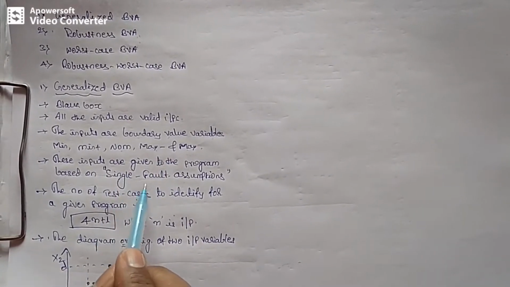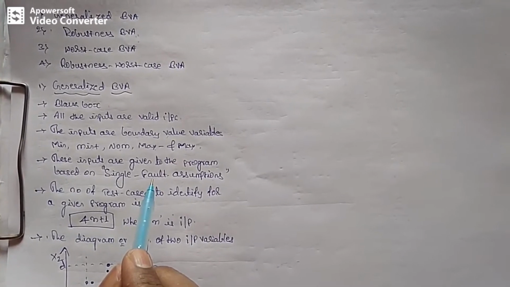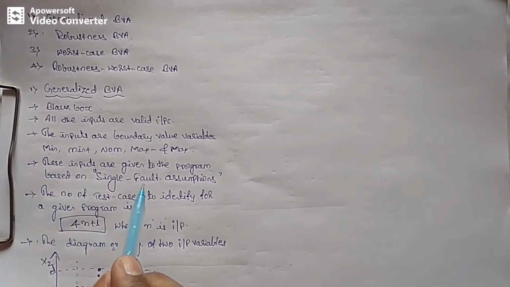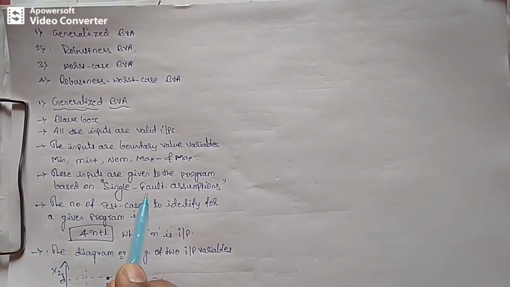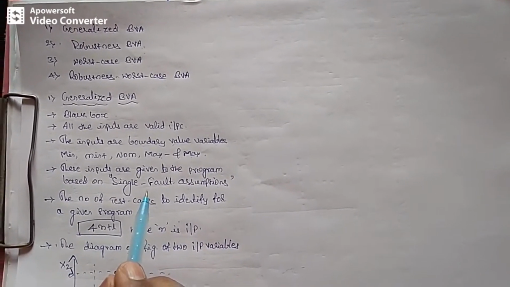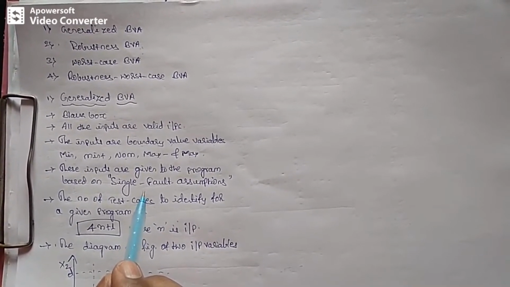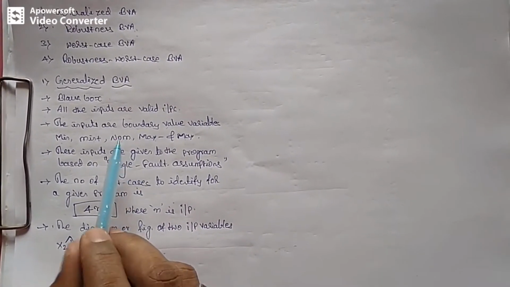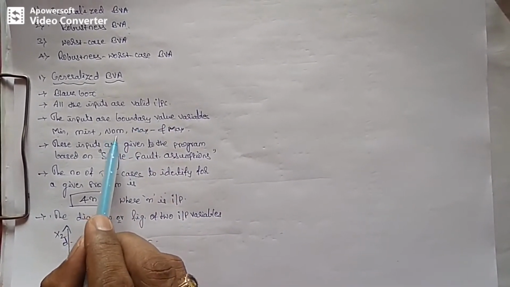What is the meaning of single fault assumption? For example, if a given program accepts n input variables, out of these n input variables, 1 input variable at a time we keep changing with respect to the boundary value variables, and the remaining inputs should always be at the nominal value.